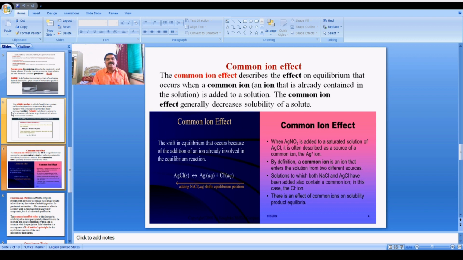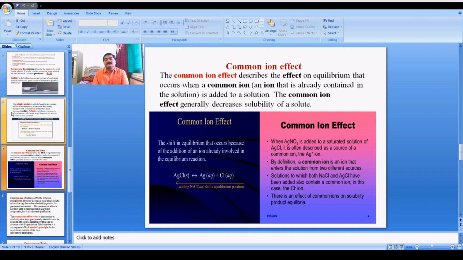Here we are taking the example of silver chloride. If we ionize this, Ag+ and Cl-, and in this if we add sodium chloride, another electrolyte having the common ion Cl, if we add this NaCl, it also decreases the solubility of the solute here.